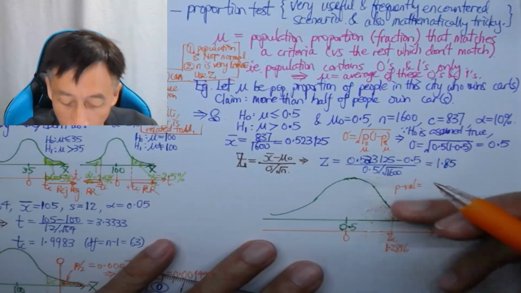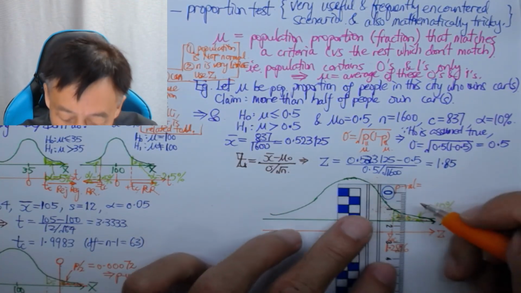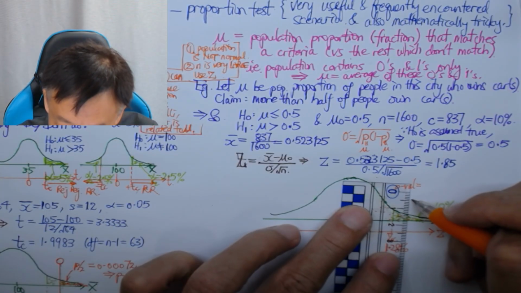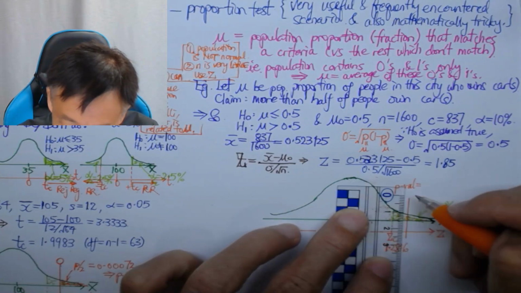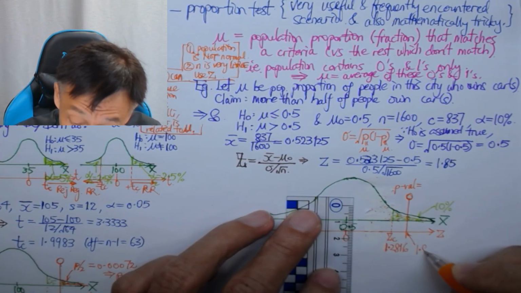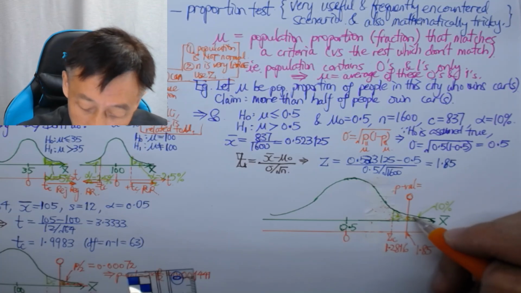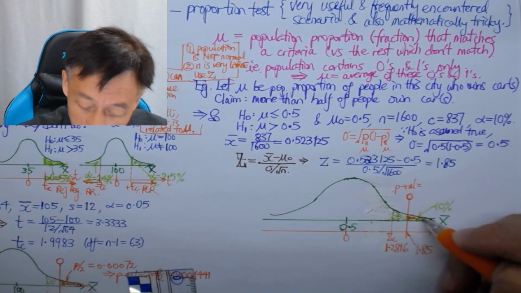Okay, so we get 1.28, and the t-test statistic, the Google pin, will have to land here, right, to make the 1.85 correct. So from here, our p-value will be this part, right?